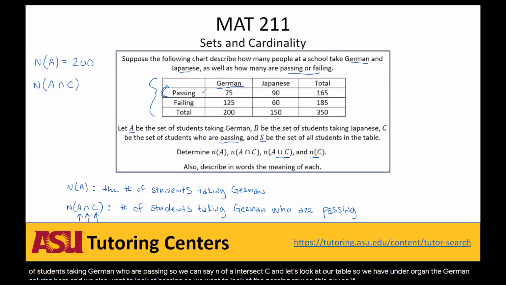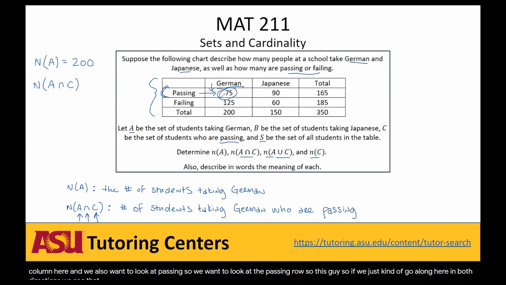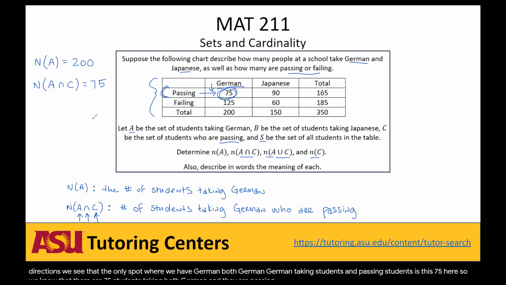If we just go along here in both directions, we see that the only spot where we have both German taking students and passing students is this 75 here. So we know that there are 75 students taking German and they are passing that German class. So let me erase a couple of my scribbles here. Here we go.